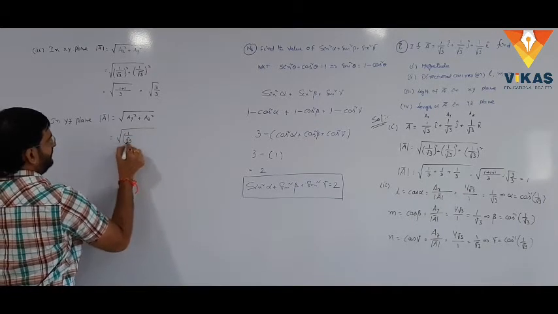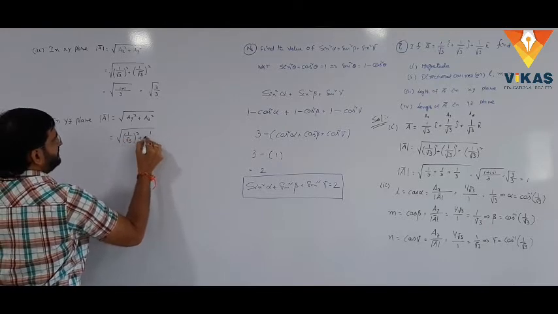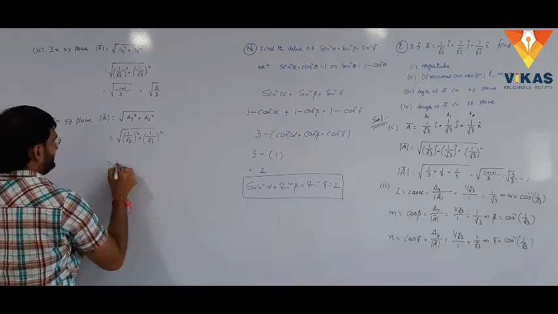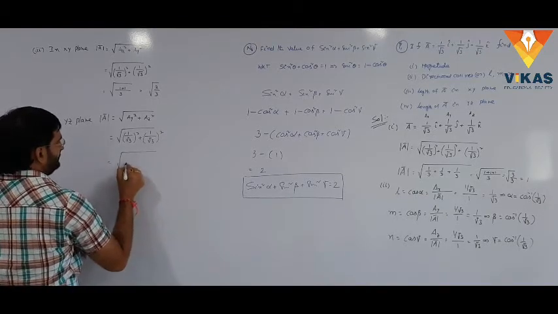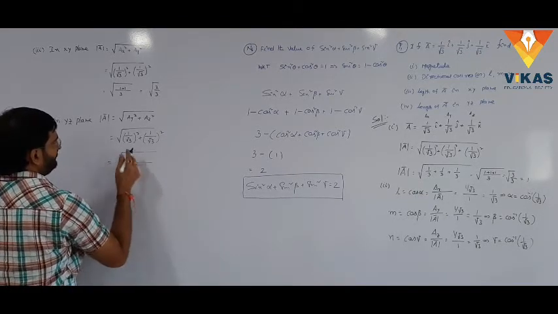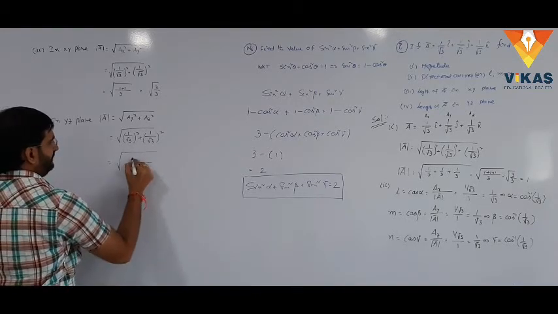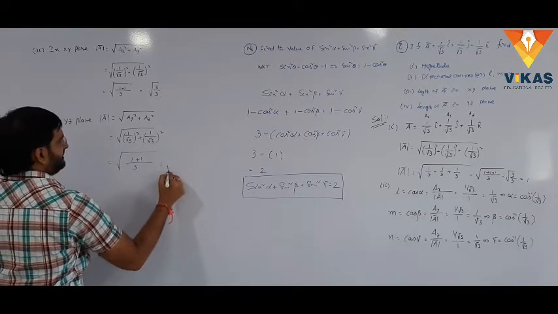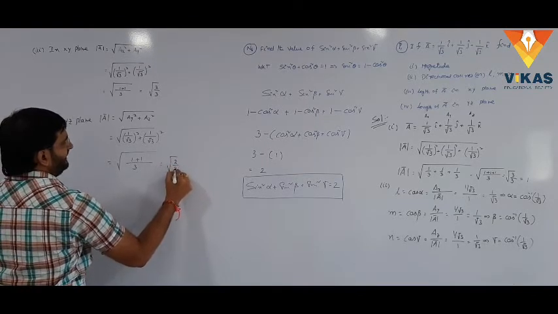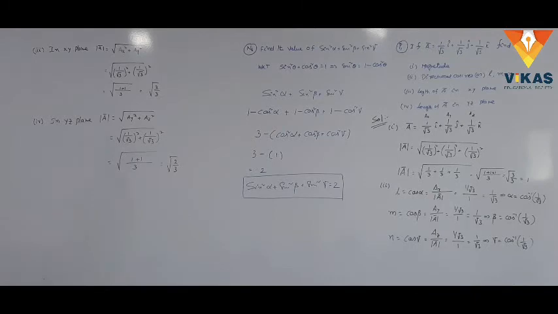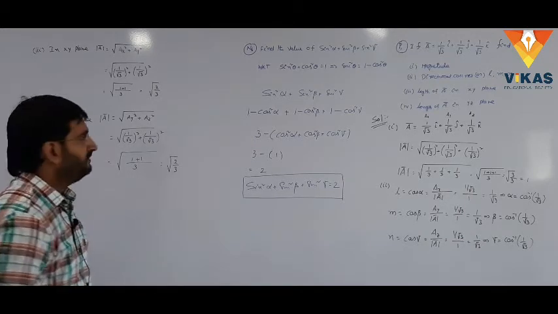Already we know. 1 by root 3 whole square plus 1 by root 3 whole square. Simply root over, again 3 is the LCM, 1 by root 3 whole square is nothing but 1 by 3, 1 by 3 plus 1 by 3, 1 plus 1, that is also 2 by 3. Therefore, this is the answer for the fourth question. This is a very most important model in the directional cosines. Write down.